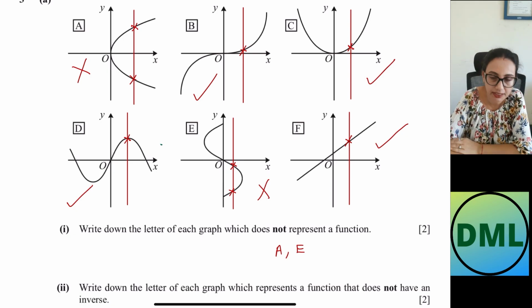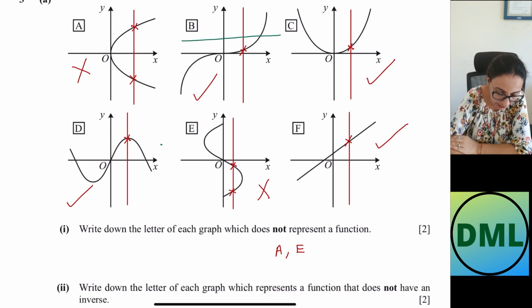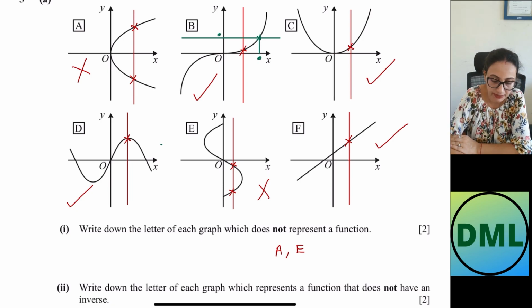The first, A, is not a function, so I am not touching it at all. B is a function, so I am drawing a horizontal line. This is my horizontal line. As you can see, this cuts the curve at 1 point. If you go down, you will get one value of x for one value of y. This means that this is a one-to-one function.